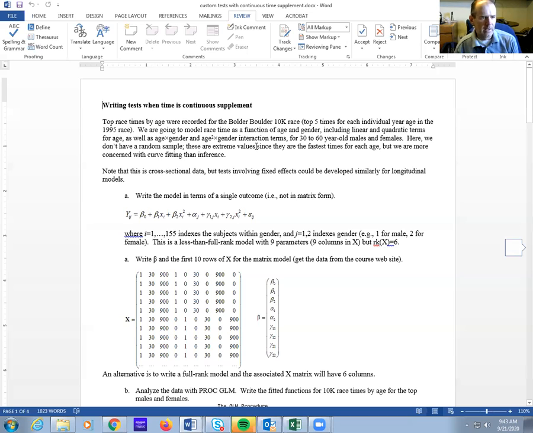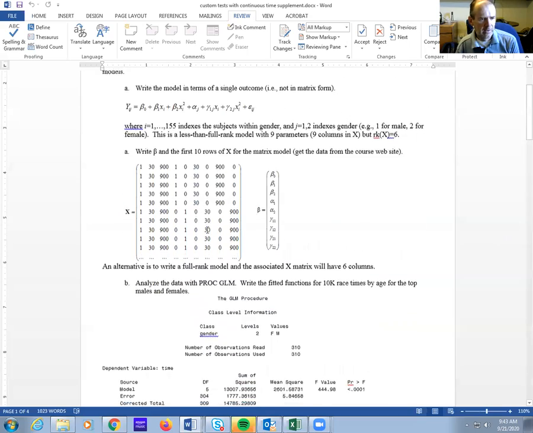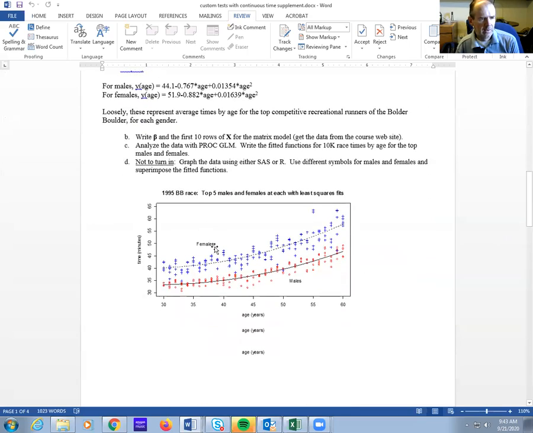But what I did was I took the finishing times and studied how the times changed by age. So X is age, Y is finishing time, and in this case I fit a quadratic model to the race times, and down here you can see the top five times by age for the men and women.